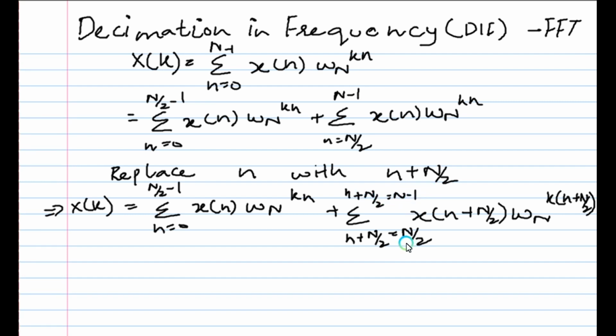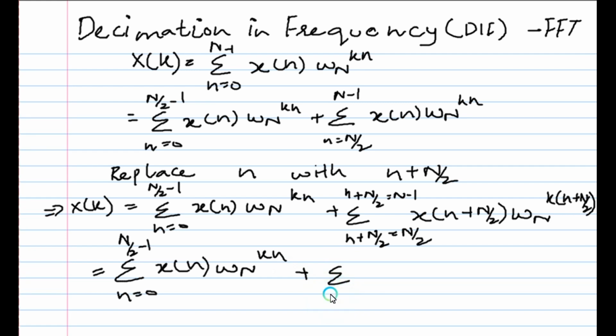So on the lower limit I get 0, and on the upper limit I get N by 2 minus 1, same as the case of the first summation. So I can write this as summation n running from 0 to N by 2 minus 1 of x of n W_N^{nk} plus summation.